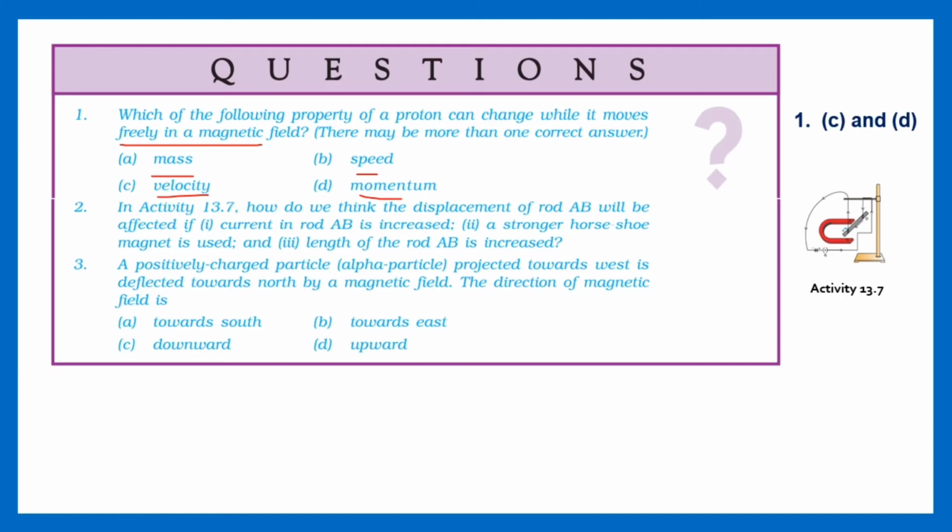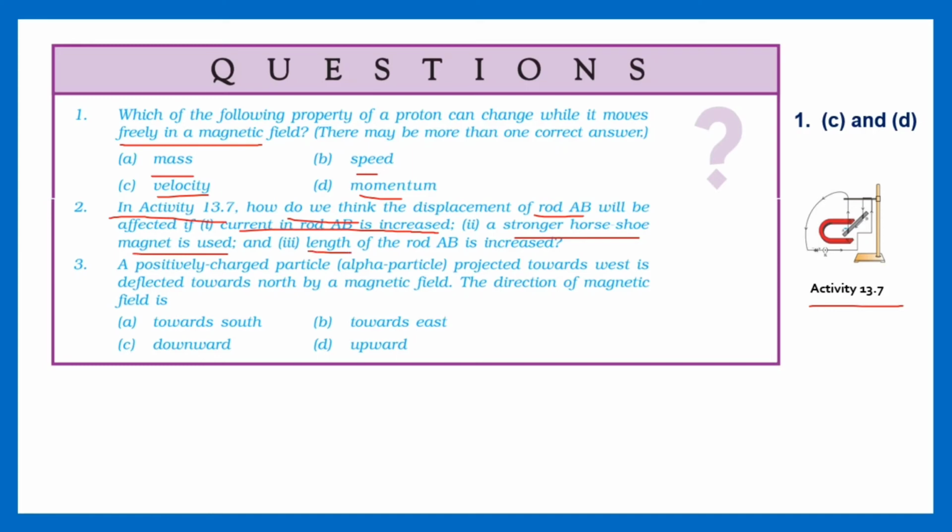Now let me come to the second question. The second question says that in activity 13.7, see, this is activity 13.7, how do we think the displacement of rod AB will be affected if current in rod AB is increased, if a stronger horseshoe magnet is used, and if the length of the rod AB is increased?